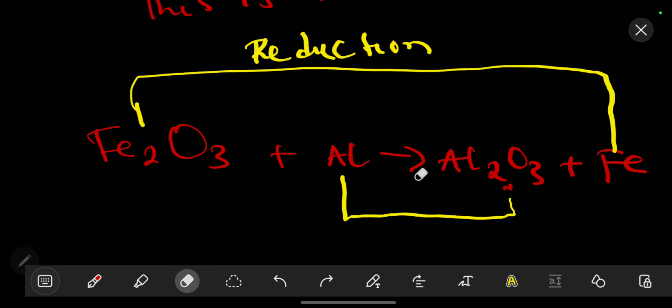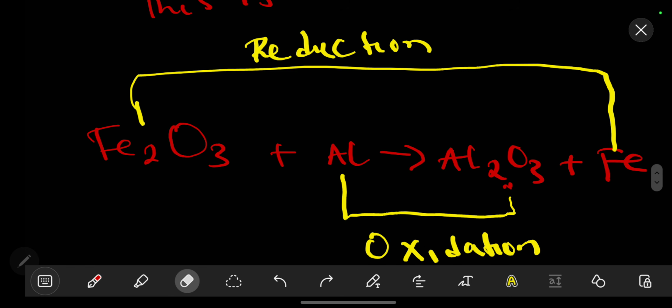On the other part, since oxygen has been added to aluminium, this is what we call oxidation. That's why they are called redox reactions, because both reduction and oxidation are taking place. That is the reason why it's called redox. So reduction and oxidation happen at the same time, like that.